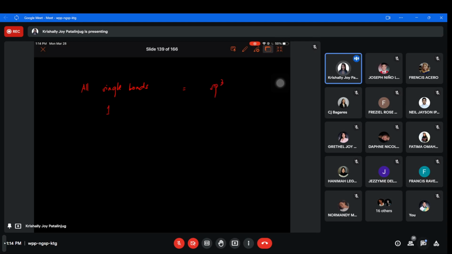Kapag merong isang double bond surrounding a carbon atom, then that is sp2. Kapag dalawang double bonds, or merong isang triple bond, then this time, this is sp hybridized.